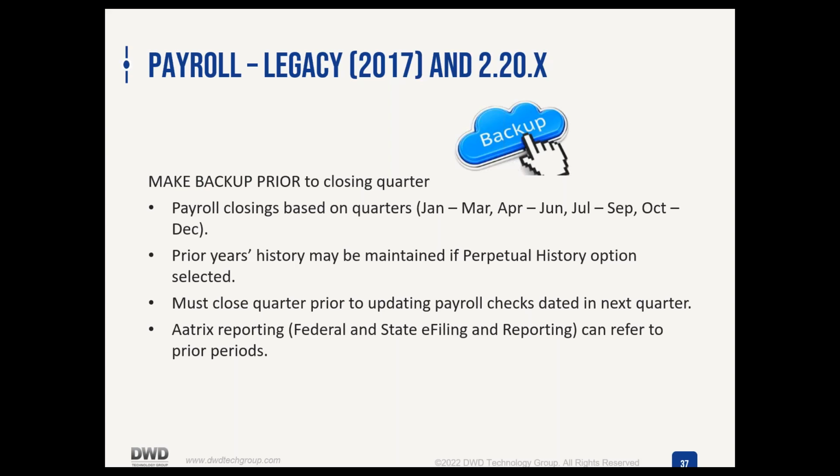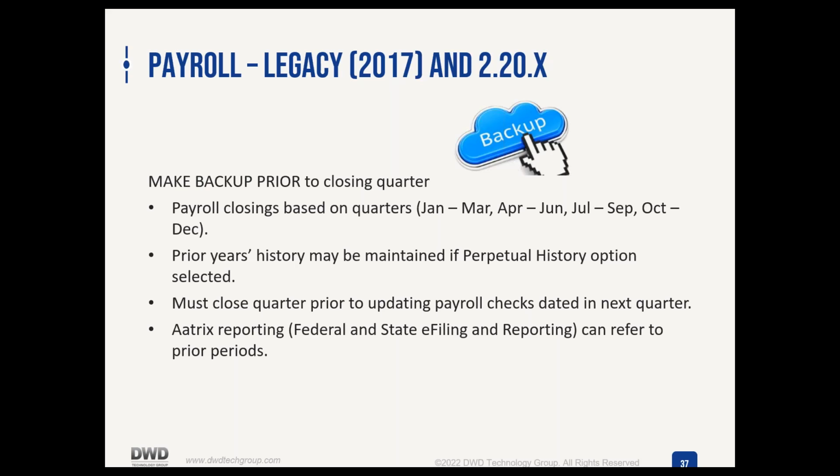ATRIX, or the federal and state e-filing and reporting as it's also known, can refer to prior periods. However, once you get that download for the current year, which is going to start coming out pretty much any time now if it hasn't already, once you get the new forms for the year, like a 941 form or perhaps the W-2s, you cannot regenerate those historical forms.